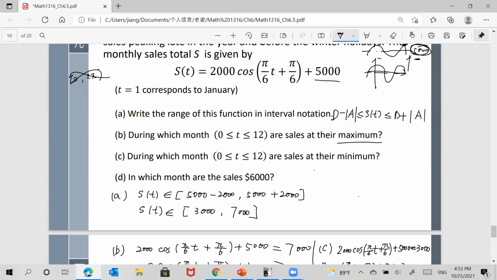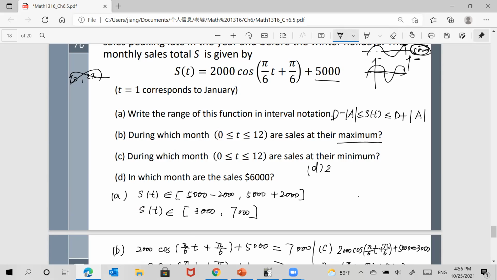Number D means which months are the sales equal to 6,000. That means looking for the t where all of this function equals 6,000. So that means 2 times 2,000 times cosine. Okay, make everything small, save some space.